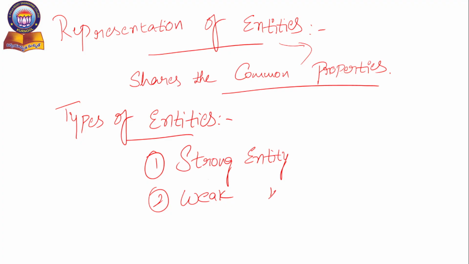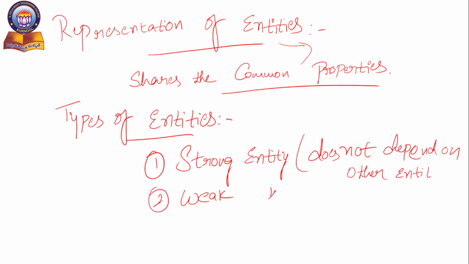Coming to the first one, a strong entity should not depend on another entity. Coming to the weak entity, it depends on another entity.